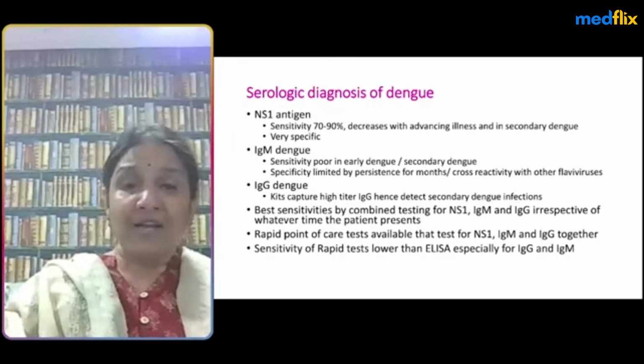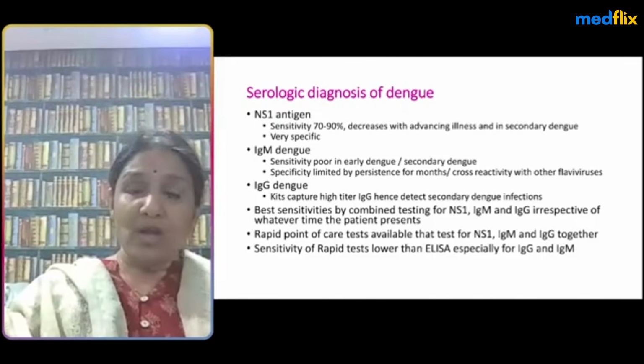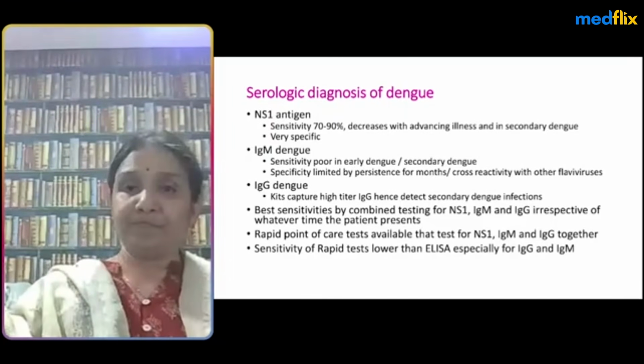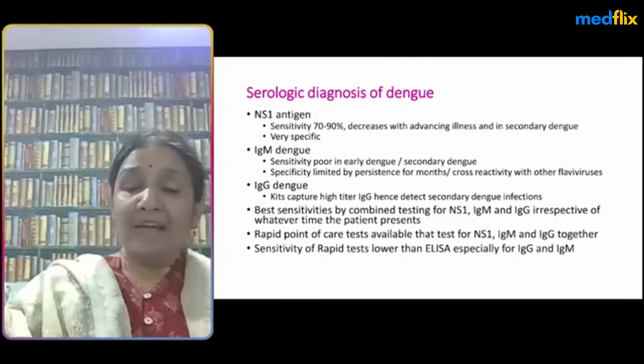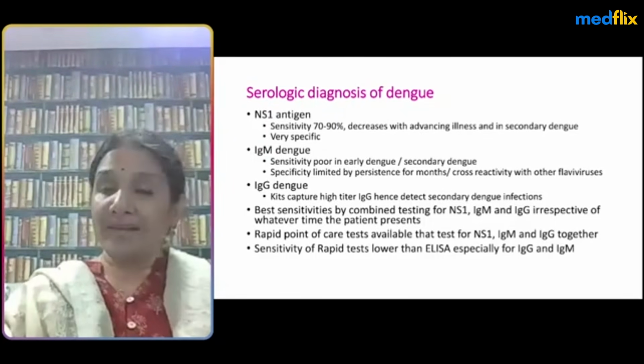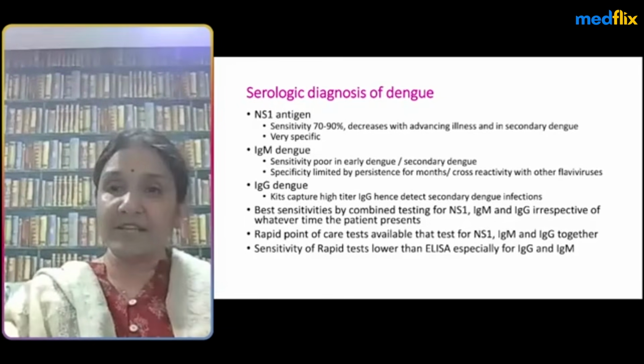And that is why the guidelines say that no matter what time the patient comes to you, it is better to do all of them at the same time, IgG, IgM, and NS1. And again, you can detect all these by either doing a card test or an ELISA. And the sensitivity of the ELISA is better than the card test.